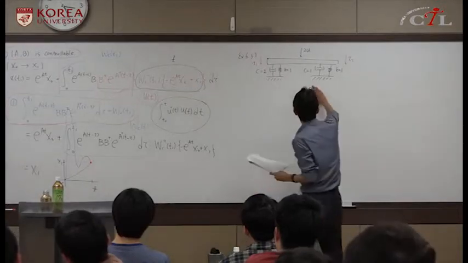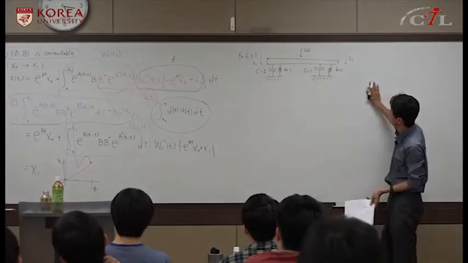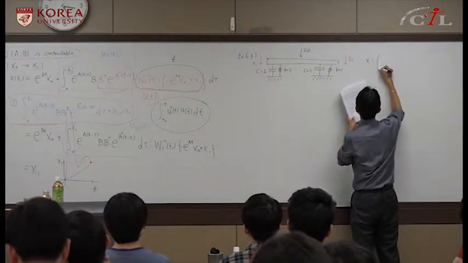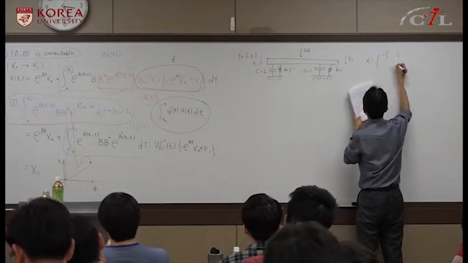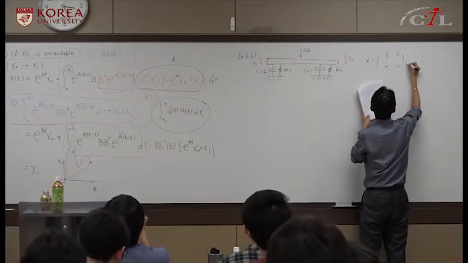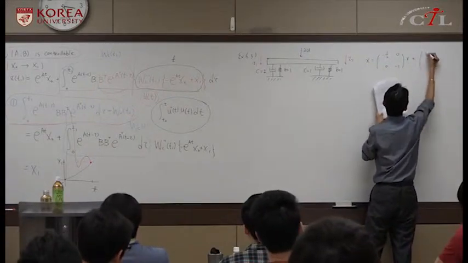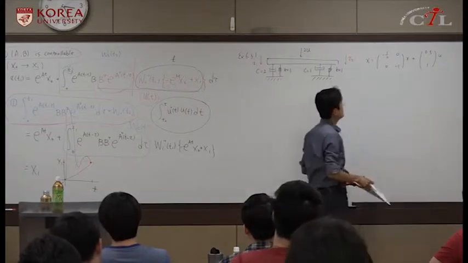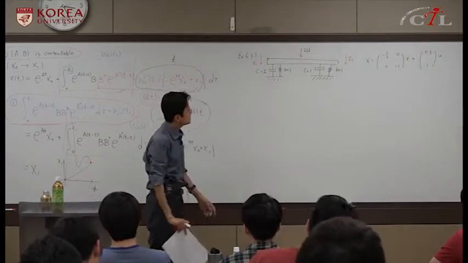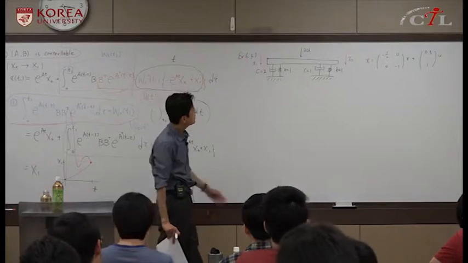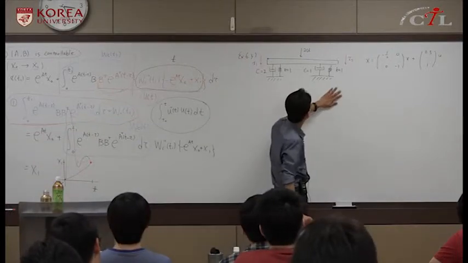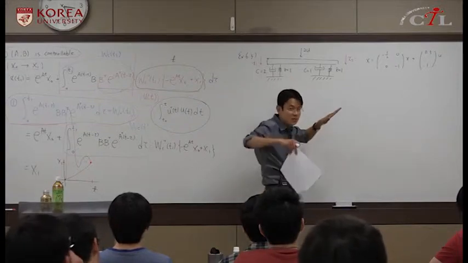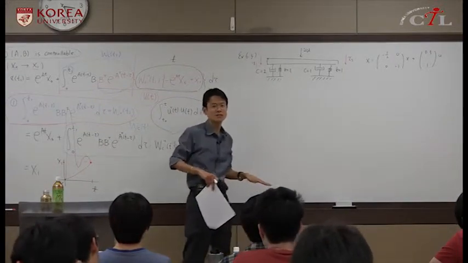So an example: given this kind of mechanical system, the state representation is given like this. If we take a look at it, it's pretty easy to see that it should be controllable, right? Because my control input goes to both states, so I can directly give input to both states.